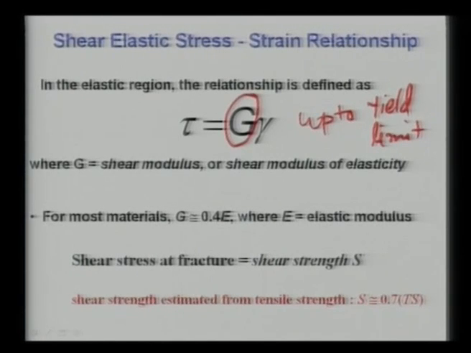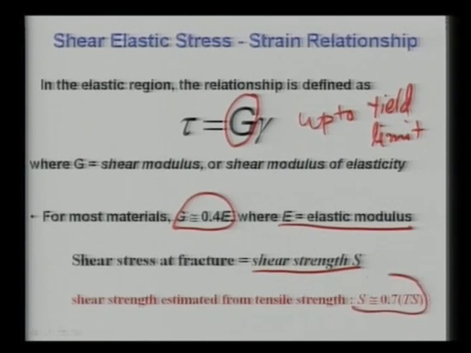G is the shear modulus, and for most metals G is equal to 0.4 E, where E is the elastic modulus. Shear stress at fracture is called shear strength, and shear strength is roughly 0.7 TS. These kinds of relationships are valid for a wide range of materials.